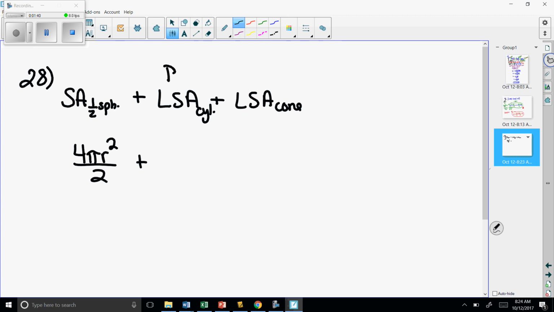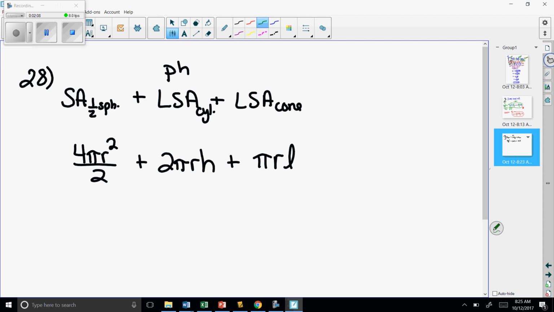It's the perimeter times the height, and the perimeter is circumference, so that's 2 pi r times the height. And what's the formula for lateral surface area of a cone? Pi r L, or pi r s. I think it's pi r L in this book, pi r s in Algebra 2, where the L or the S is your slant height.